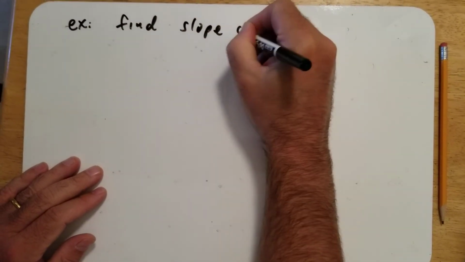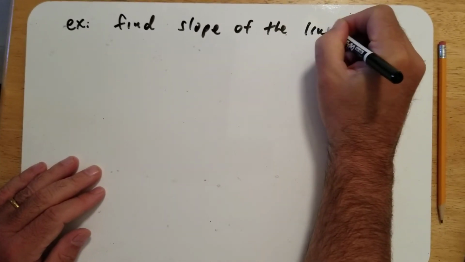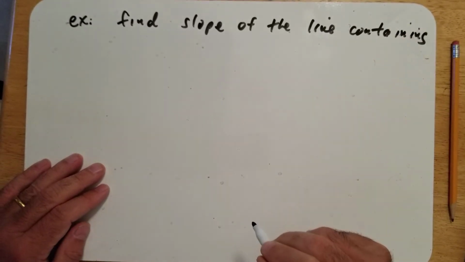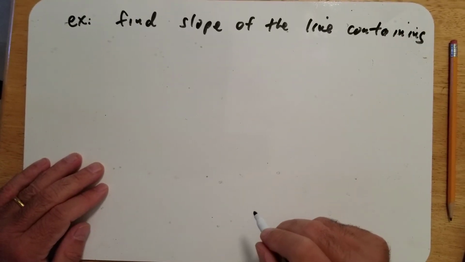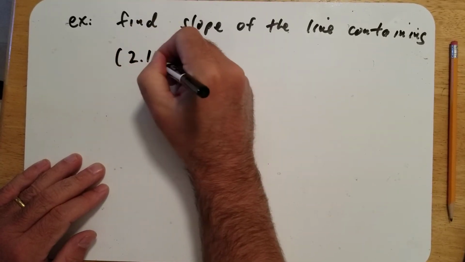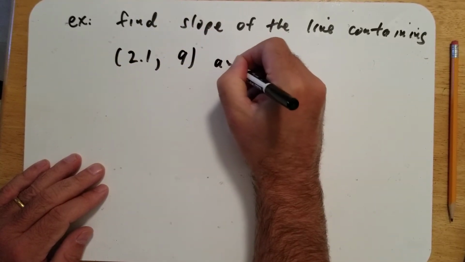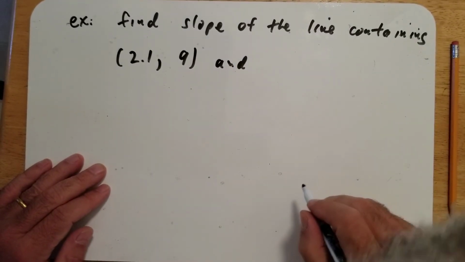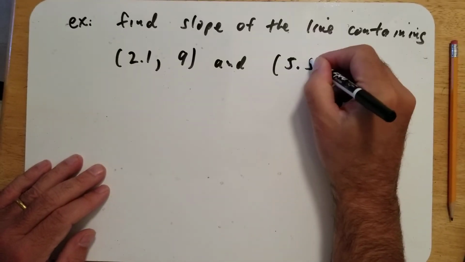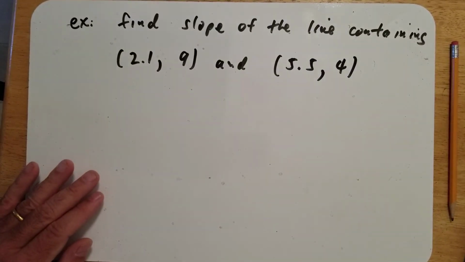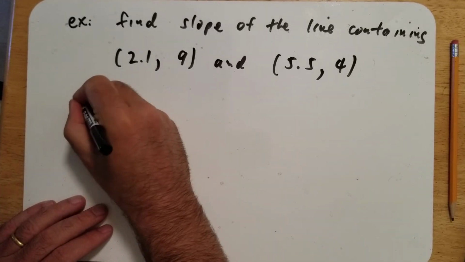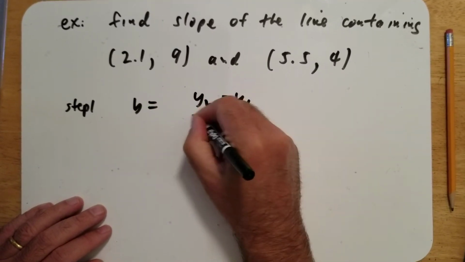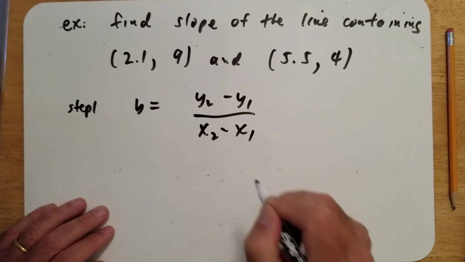Find the slope of the line containing the points, how about 2.1, 9, and 5.5, 4. Okay, so here's the slope formula. B equals y2 minus y1 over x2 minus x1.